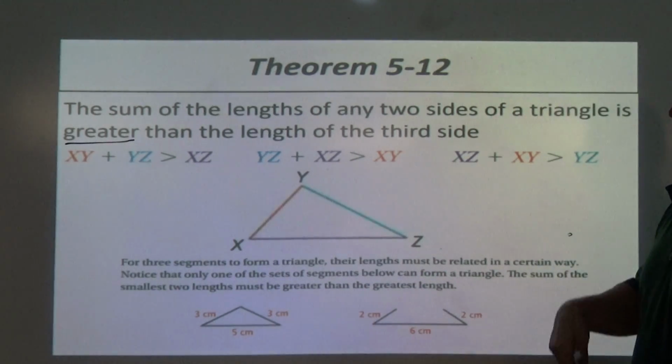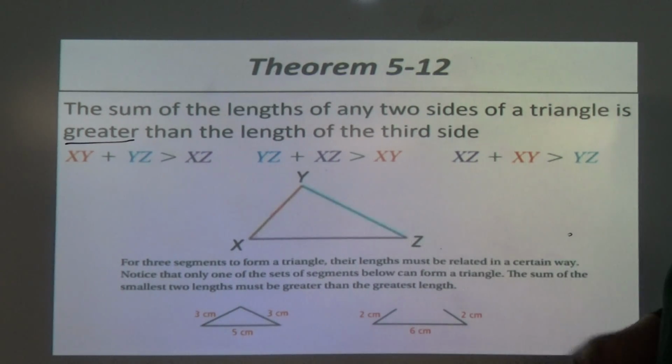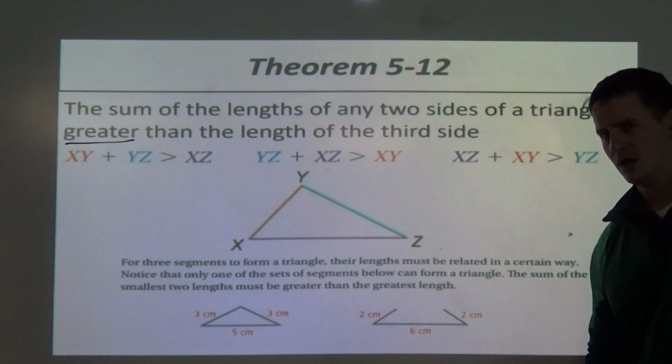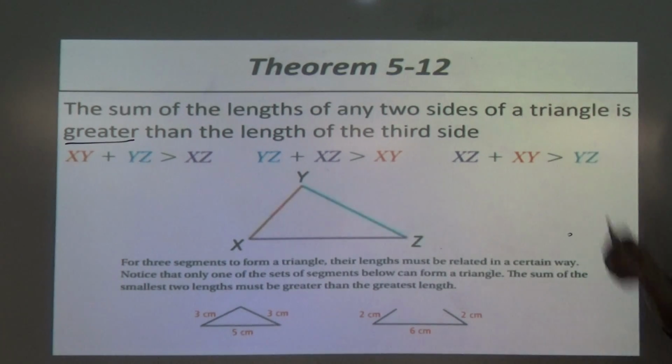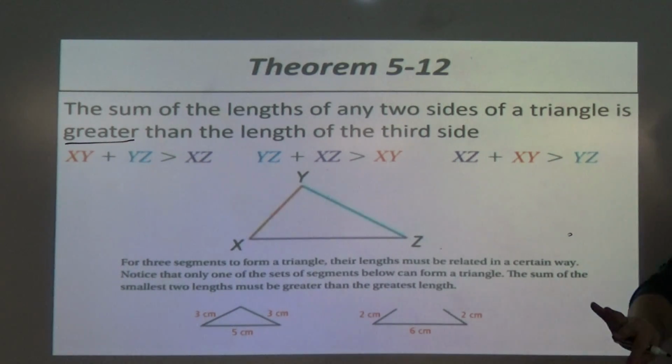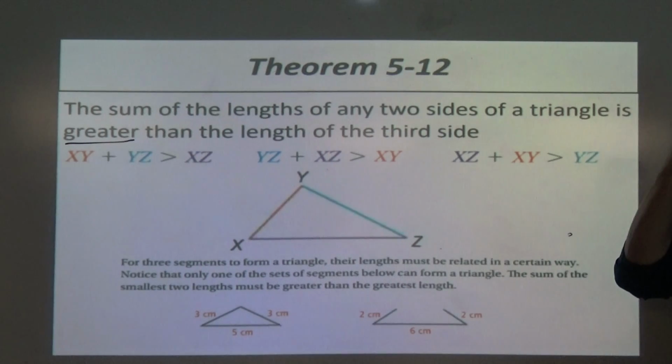So XY plus XZ is greater than YZ, YZ plus XZ is greater than XY, XZ plus XY is larger than YZ. We can use this to find if three measured sides can actually form a triangle. That's what we're going to use that for.